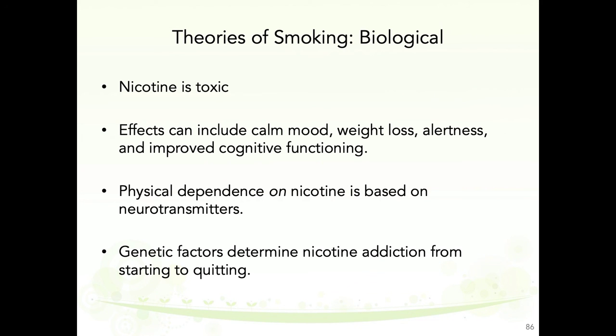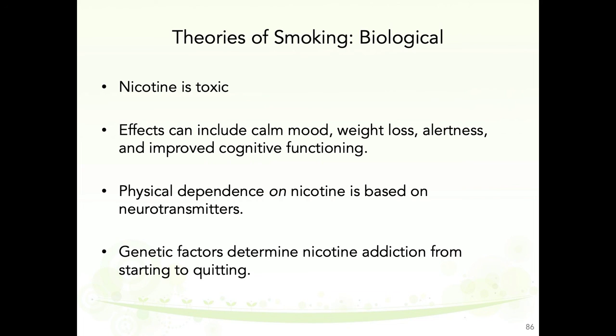Because it's so important, let's take this moment to think about theories of smoking as they inform interventions. So going back to the biomedical model, we think, okay, biological perspective here. Nicotine, it's toxic, it's addictive. It has these effects psychologically and phenotypically.